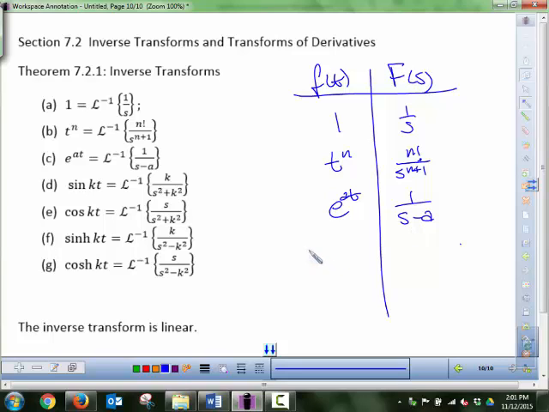Okay, so let me just put a couple more here. The sine kt goes to k over s squared plus k squared, and then the cosine kt is s over s squared plus k squared.